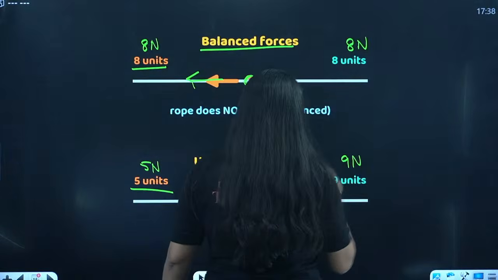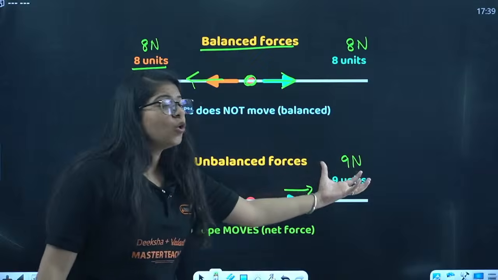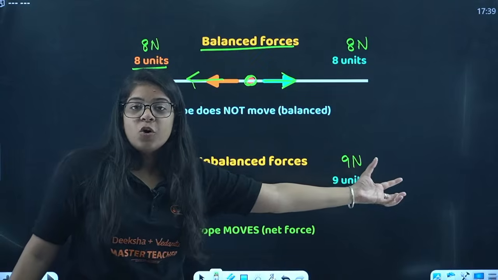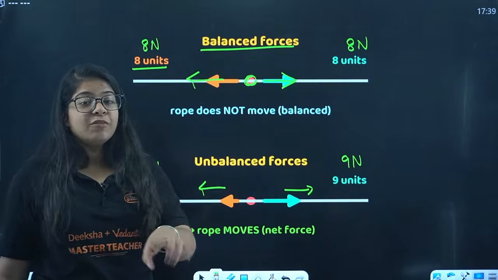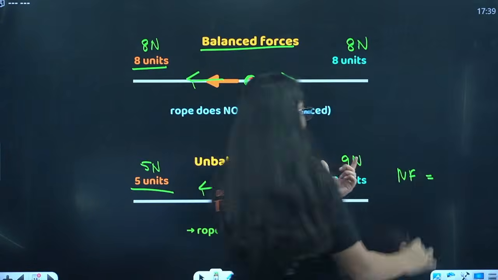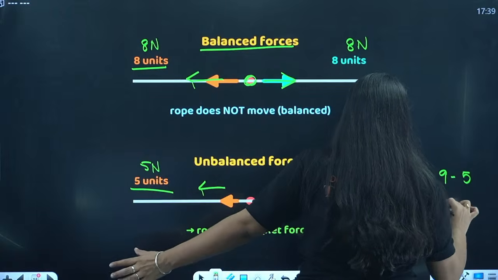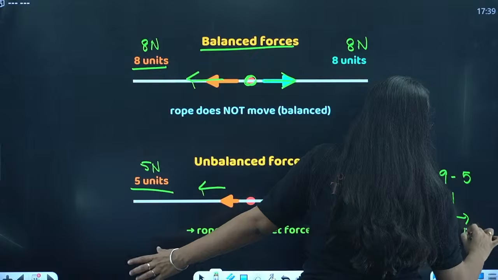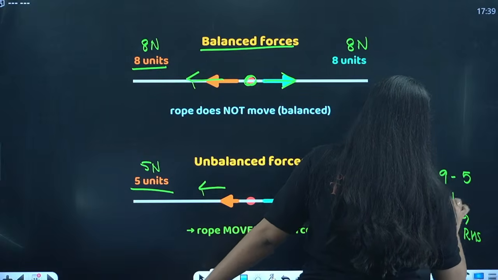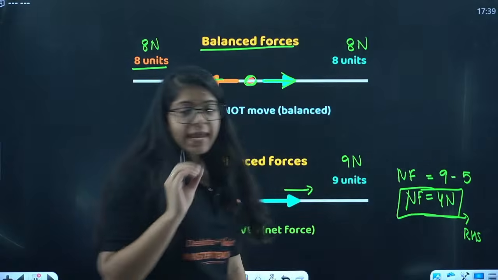You are applying 9 Newton. So what will happen? You will take the rope with a net force of 4 Newton. What will be the net force in this case? Ma'am, bigger force 9 Newton minus my smaller force 5 Newton. So 4 Newton on the right hand side. Understood? Net force. Understood? Any doubt in here?